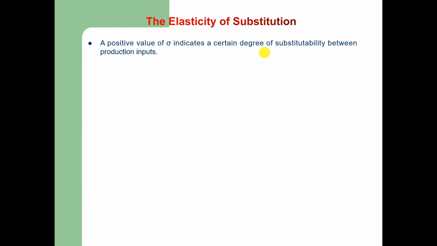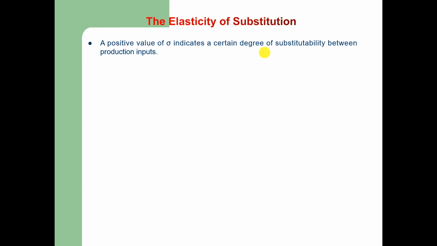Having a final discussion on this, a positive value of the elasticity of substitution implies a certain degree of substitutability between the production inputs. It means if the value of the elasticity of substitution is greater than zero, then the two inputs are somewhat substitutable.